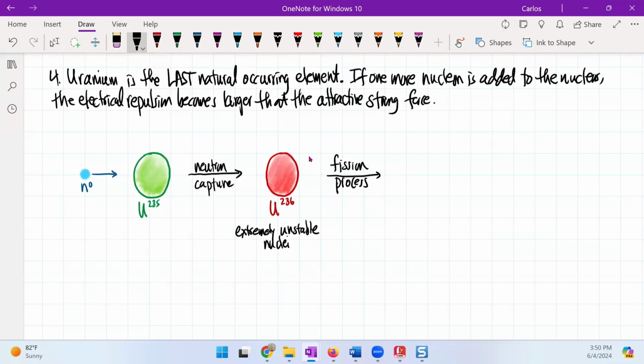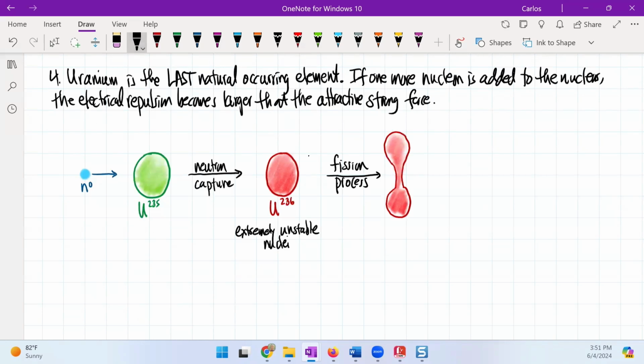Immediately it goes through a fission process. It's a complicated process, but effectively you have a model called the liquid drop model, and you get two parts that start to oscillate very quickly.